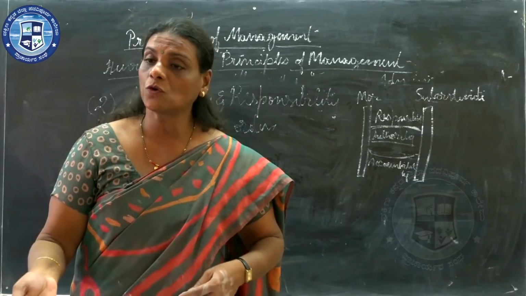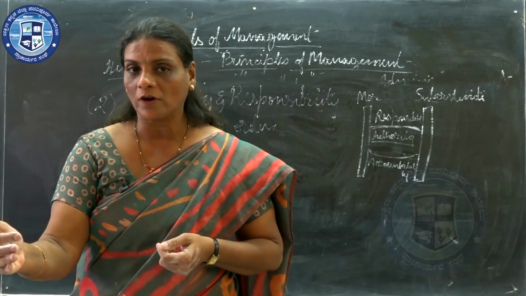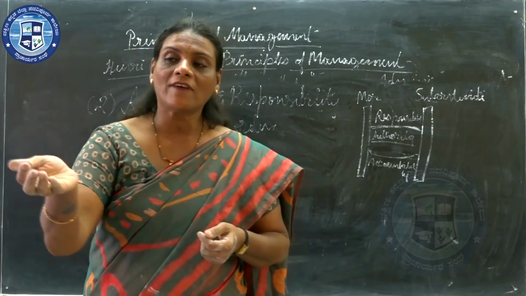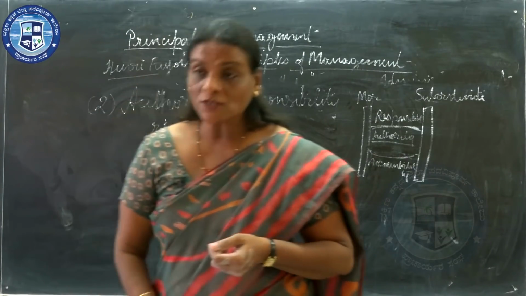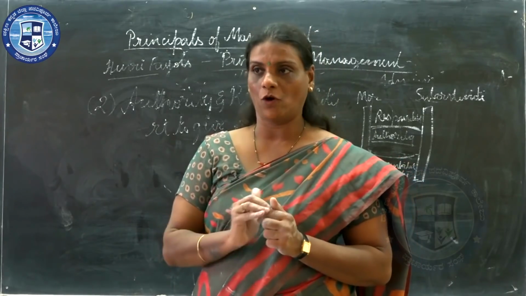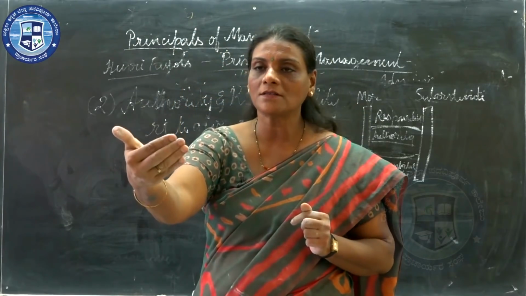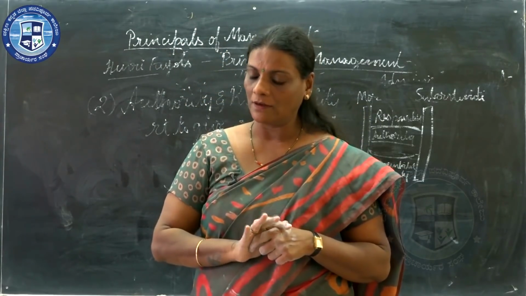You are giving orders to your subordinate. Once you give orders, it will work out only when he follows it, so he has to obtain obedience. The subordinate has to accept it and follow it. So the first part, authority, is the right to give orders and the obedience to that order.